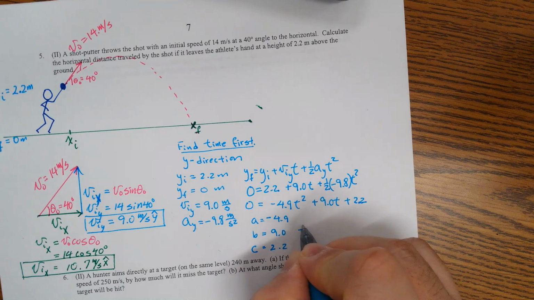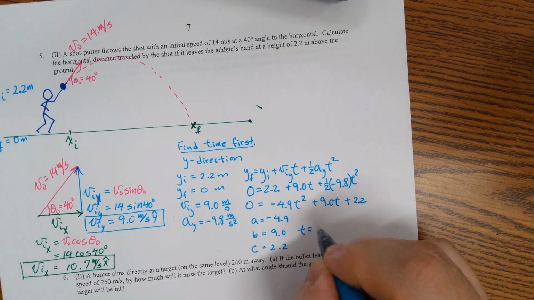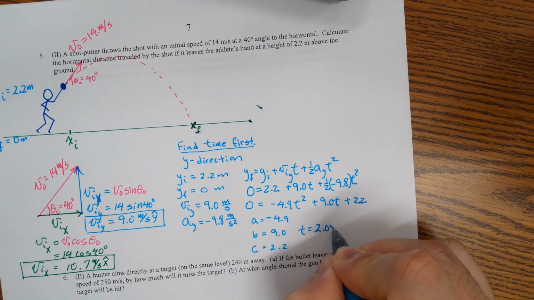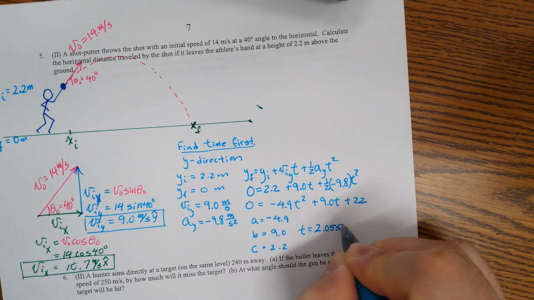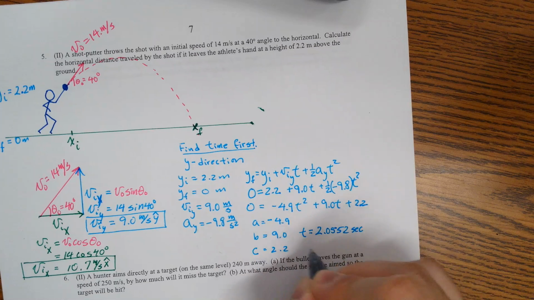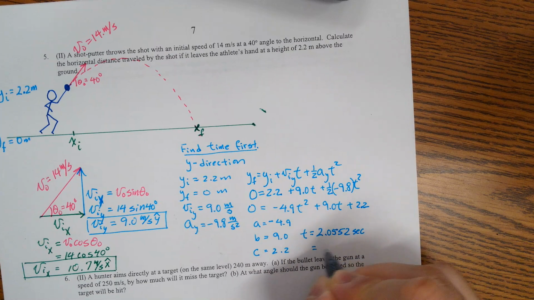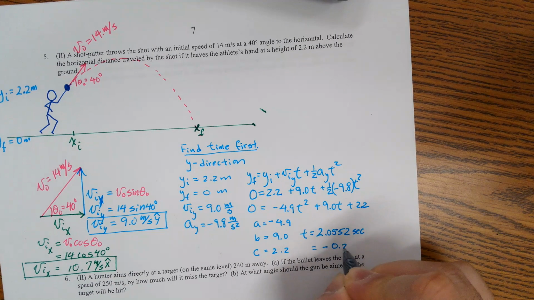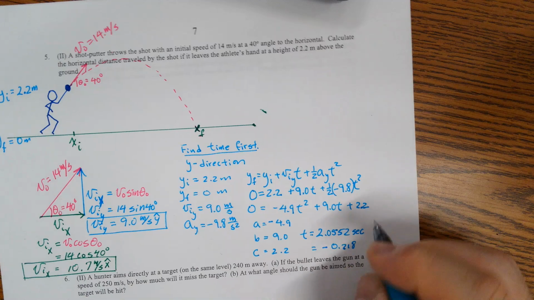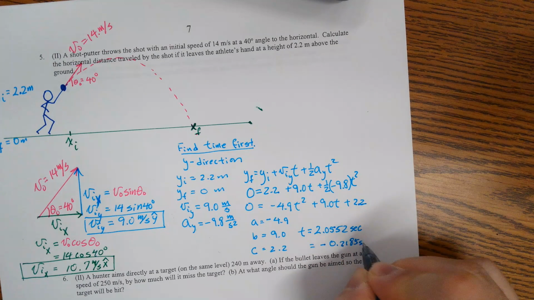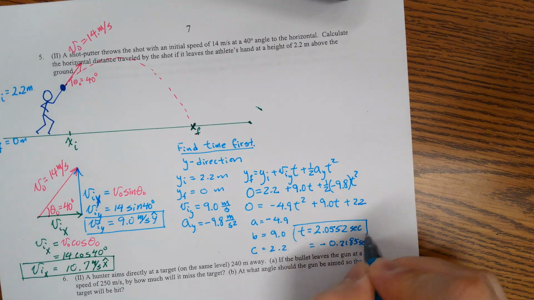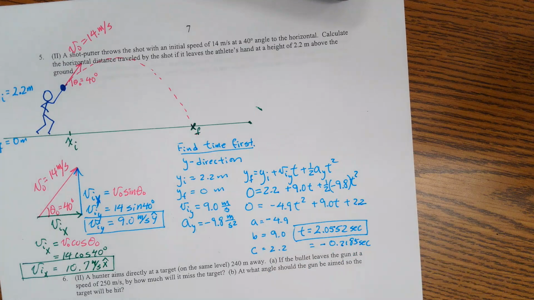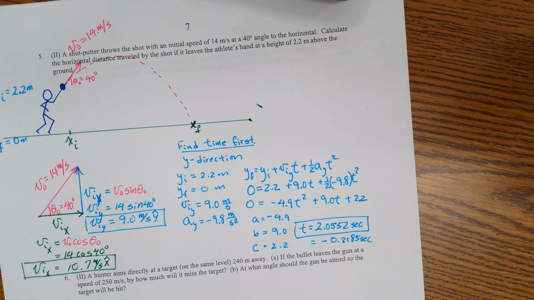Time t is equal to 2.055 seconds, or time t is equal to negative 0.218 seconds. So obviously we're going to pick the positive time.